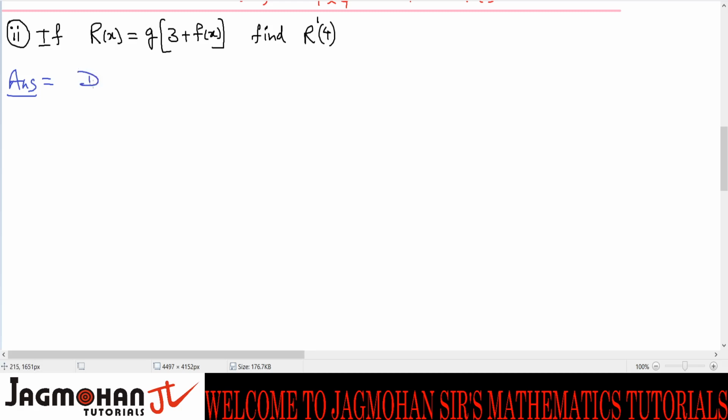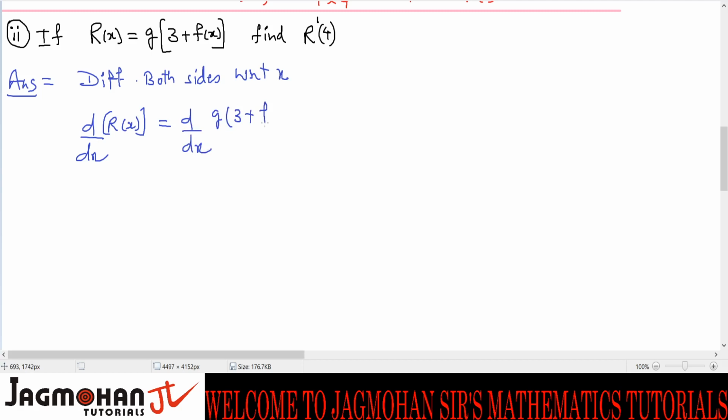So what I do, I write differentiating both sides with respect to x. So when I differentiate both sides with respect to x, what I will get? I will get d by dx of r of x equals to d by dx of g of 3 plus f of x.